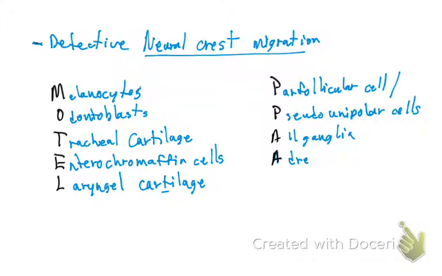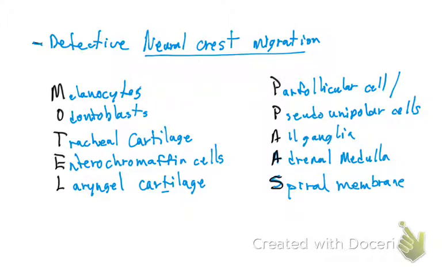Not the adrenal cortex, but the adrenal medulla, the inner part of the adrenal gland. And then the S is for spiral membrane. Basically this is MOTEL PASS, the mnemonic for neural crest cells.